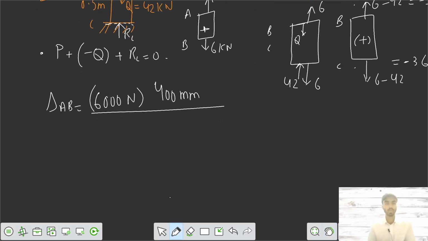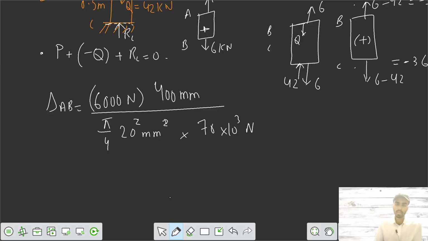So the area of the smaller bar becomes pi by 4 times 20 squared mm squared. Modulus of elasticity was 70 gigapascal, 70 into 10 to the power 3 megapascal.